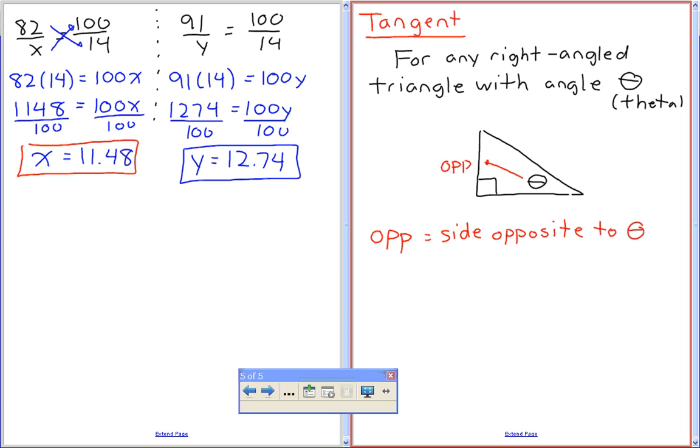The next one is the hypotenuse, which is HYP, the longest side, which is across from the right angle.